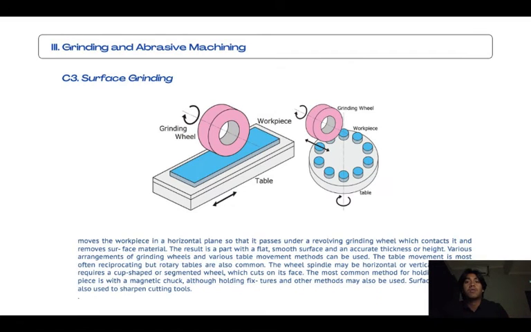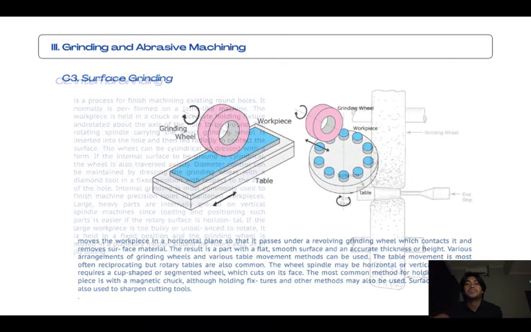The latter requires a cup-shaped or segmented wheel, which cuts on its face. The most common method for holding the workpiece is with a magnetic chuck, although holding fixtures and other methods may also be used. Surface grinding is also used to sharpen cutting tools.